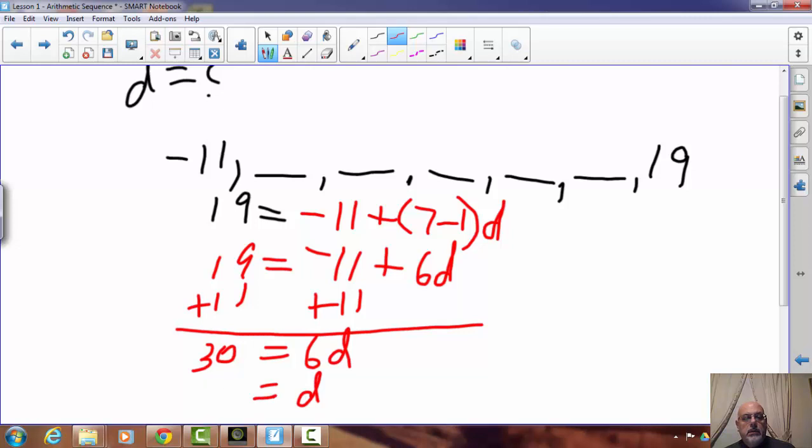D equals 5. Okay, so now we know we have to add 5 to each of these terms. Negative 11 plus 5 is negative 6. Plus 5 is negative 1. Plus 5 is 4. Plus 5 is 9. Plus 5 is 14. Plus 5 is 19. So that's how we can find any of those terms in our sequence.